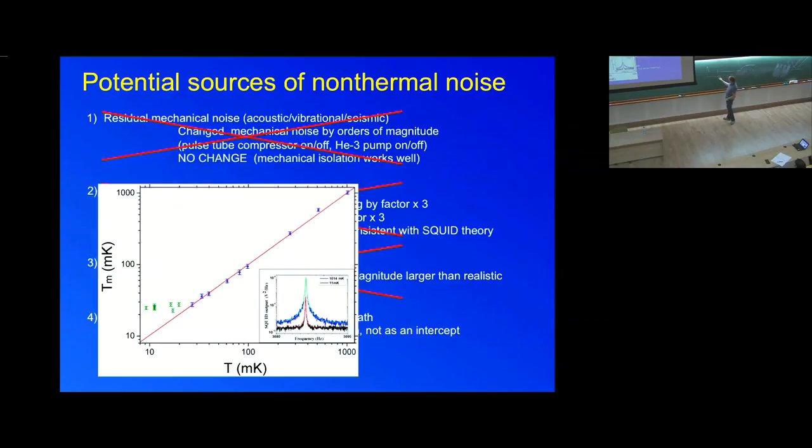Why? Because you have a SQUID here, you have this magnetic particle here, and then you have this cantilever. This cantilever is long and thin, and there is a finite thermal conductivity through it.